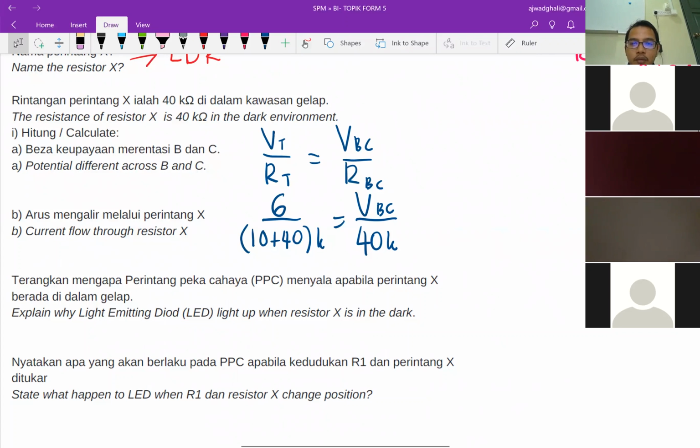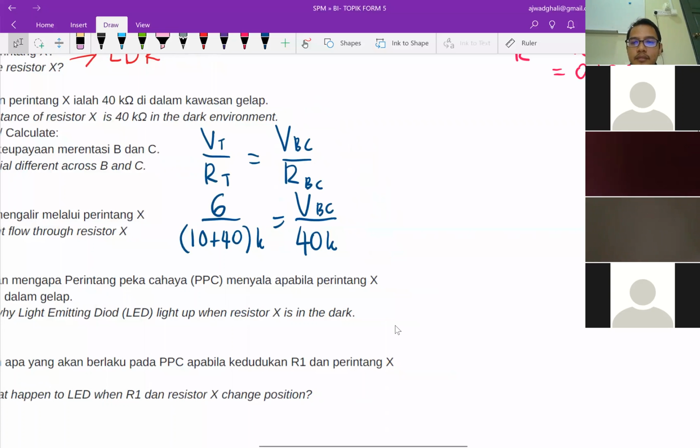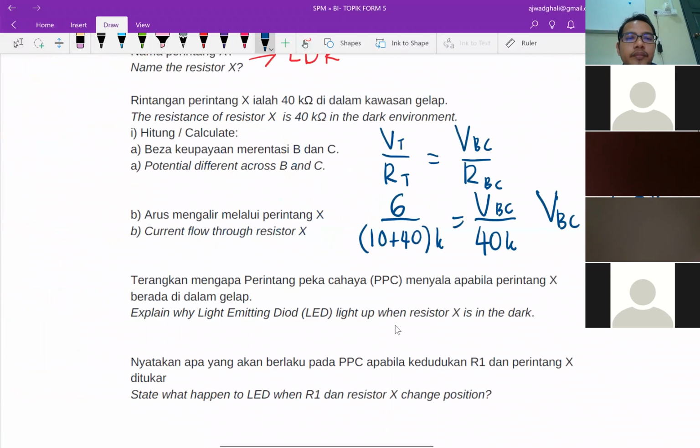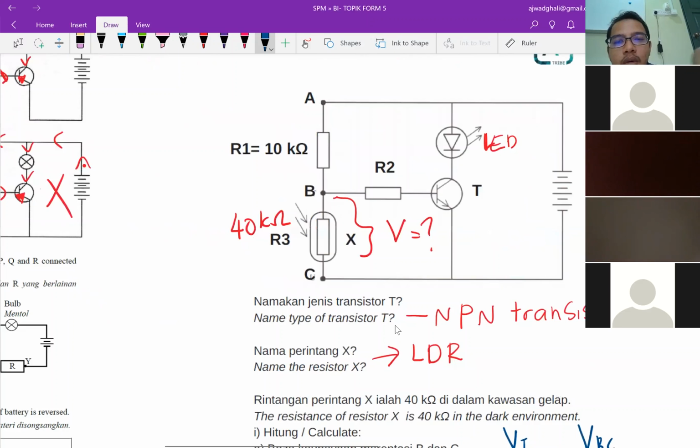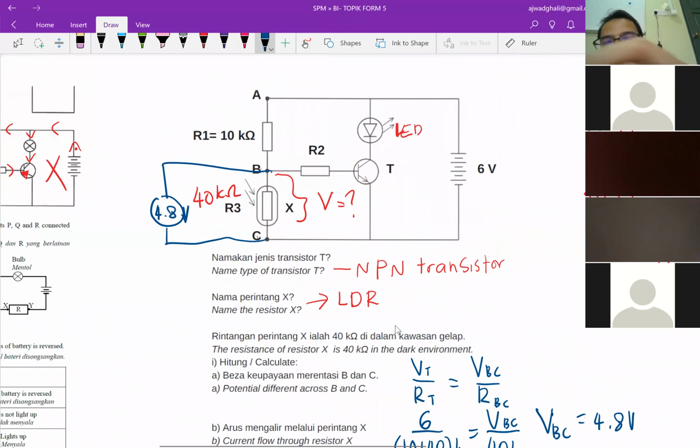What is the value for VBC? Anyone? 4.8 volt. Okay, Aina states that VBC is 4.8 volt. Okay, good. So you see, the total is 6 volt.